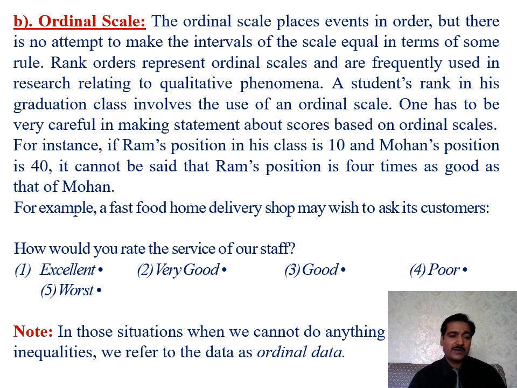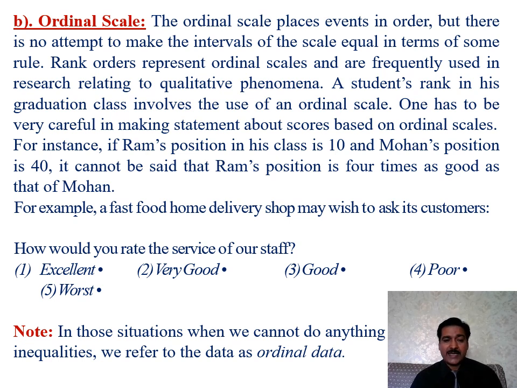One more example we can take. In a fast food home delivery shop, they wish to ask their customers how they would rate the service of staff. They can give excellent, which you can denote by 1, very good, which you can denote by 2, good 3, poor 4, worst 5.